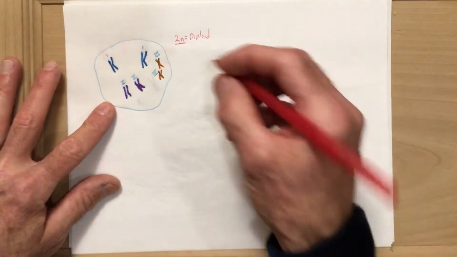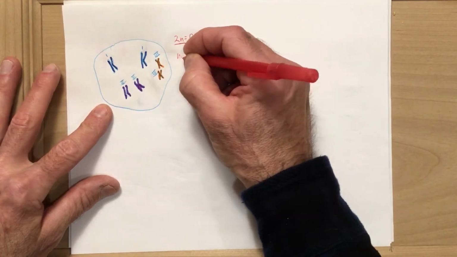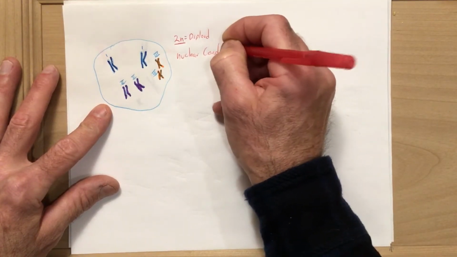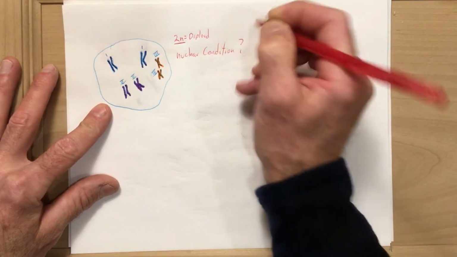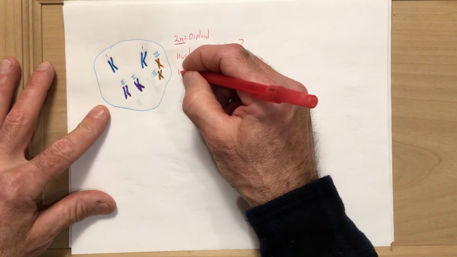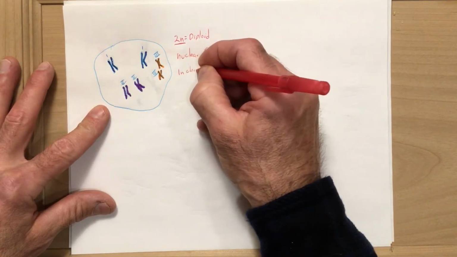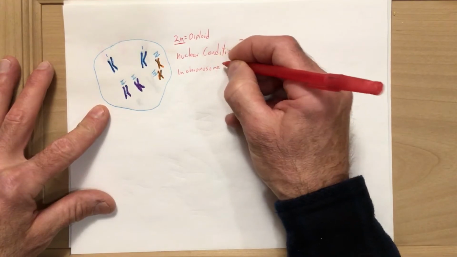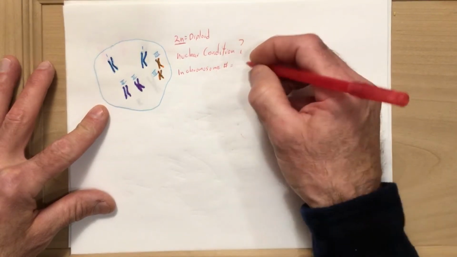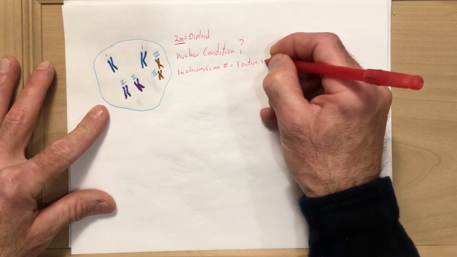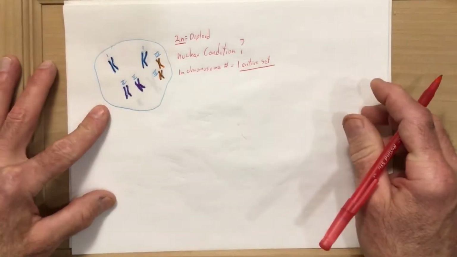So the question is always going to be, what is the nuclear condition and what is a 1N chromosome number? When I ask you what the 1N chromosome number is, that means what is one entire set of chromosomes.